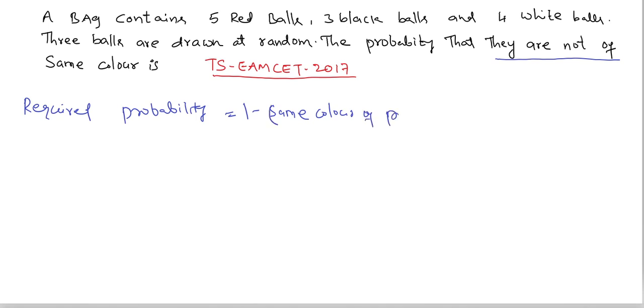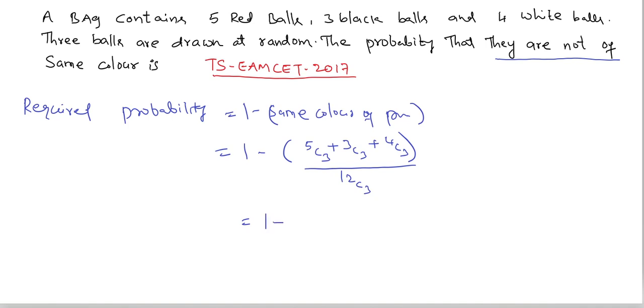Same color probability: 5 red balls from 5, 3 drawn, that is 5C3, 3 black balls drawn from 3 balls, that is 3C3, 4 white balls, that is 4C3, by total balls 5 plus 3 is 8 plus 4 is 12, that is 12C3. 1 minus 5C3, 5C3 value is 10 plus 3C3 is 1, 4C3 is 4, by 12C3, which is 12 into 11 into 10 by 2 into 3, 6, 2 times cancel, is equal to 220.